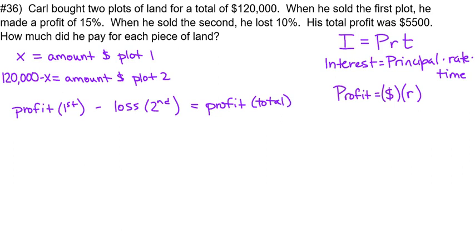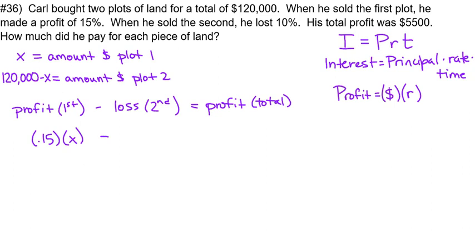And how do we get the profit on the first lot? Remember over here we're going to take the dollar amount, multiply it by the rate. The dollar amount was X, the rate was 15%, so we have 0.15 times X.